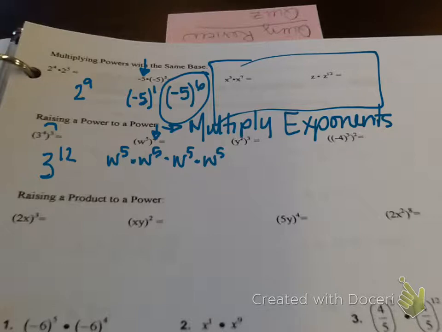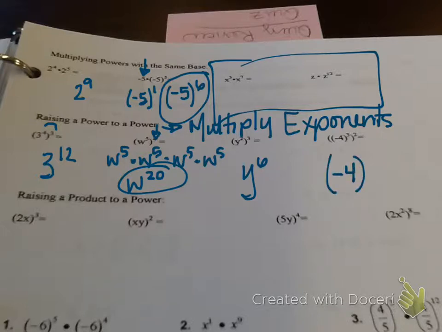So when I end up with all of that, I have w to the 20th power. And 4 times 5 is 20. So y squared raised to the 3rd power would be y to the 6th power. And negative 4 to the 3rd power raised to the 2nd power would be negative 4 to the 6th power.